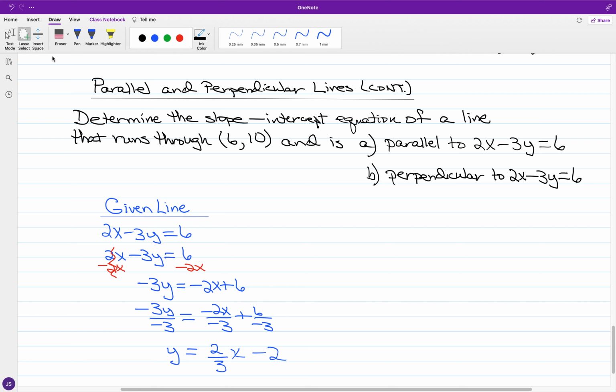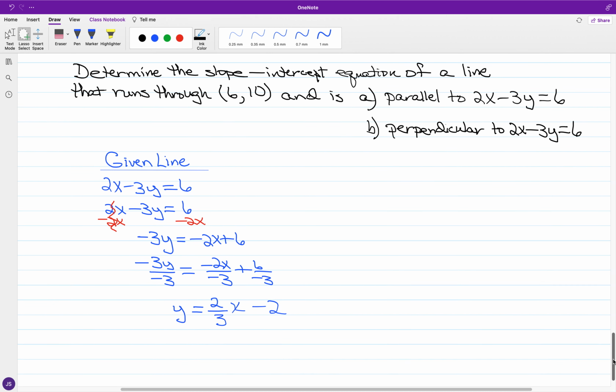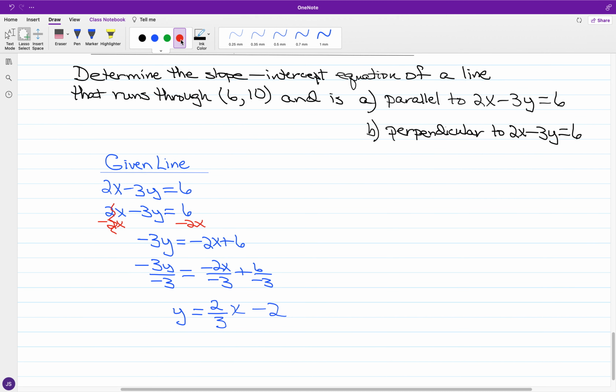And so for the slope-intercept equation, we'll have y is equal to 2/3 of x minus 2. In this case, for the given line, the slope is equal to 2/3.